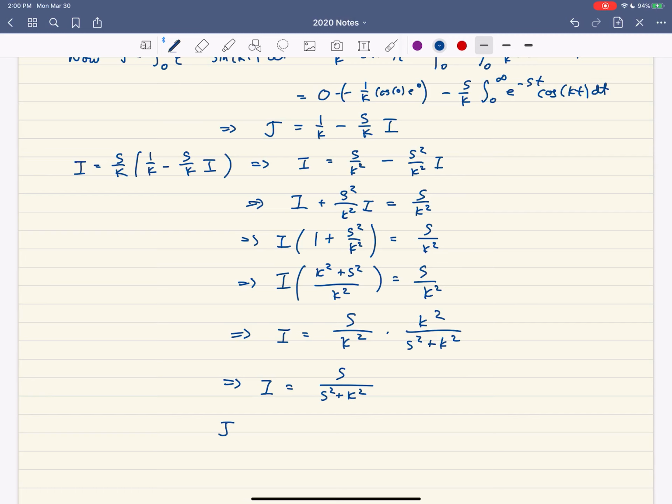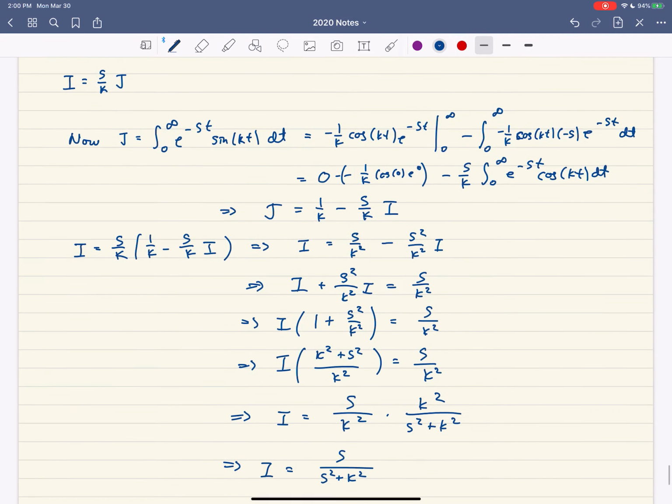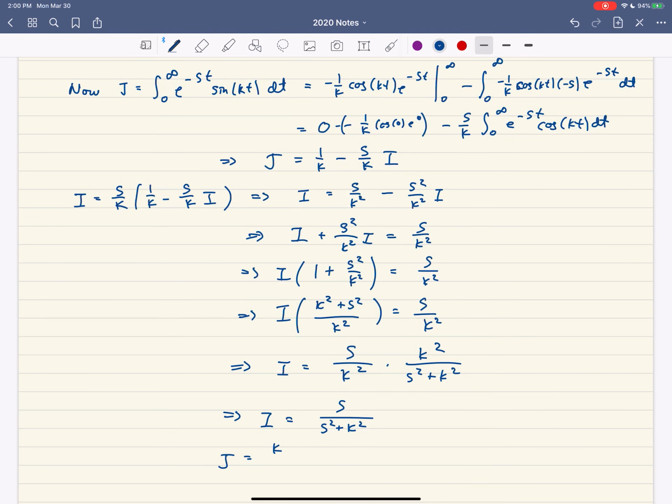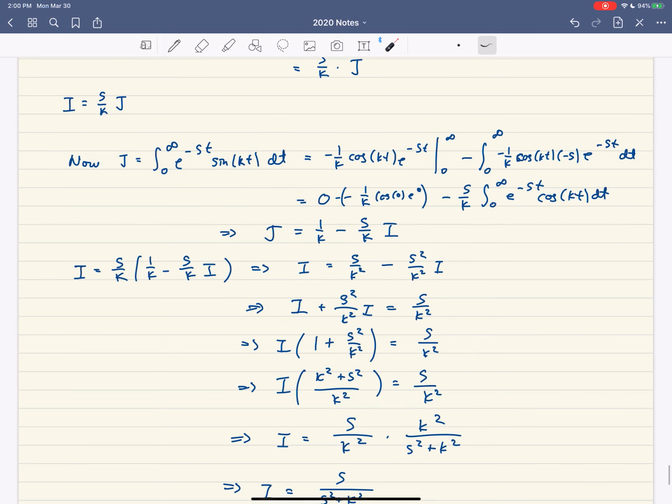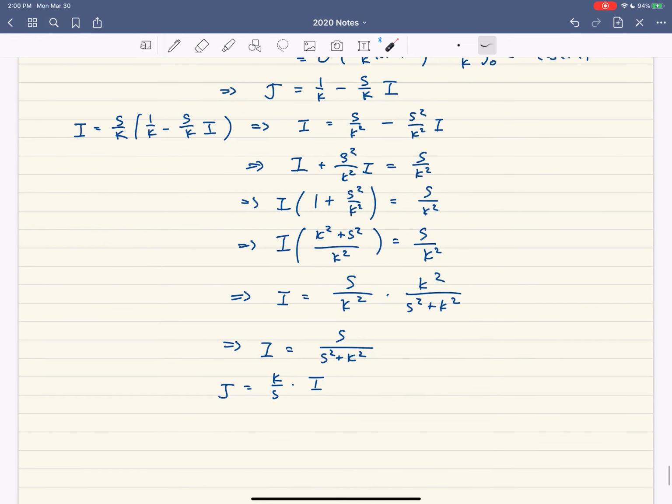And therefore J is k over s times I, if we just go through and solve for J here. So J is k over s times I, and that means that J is going to be k over s squared plus k squared.